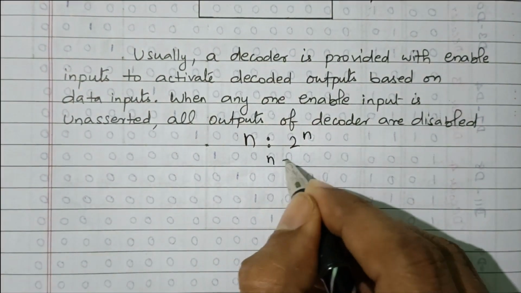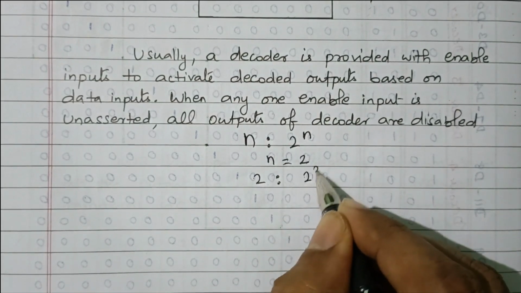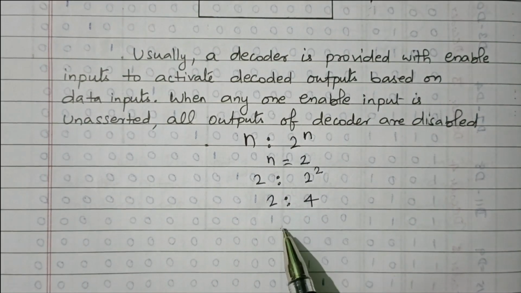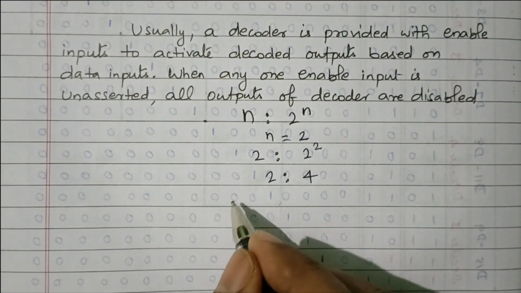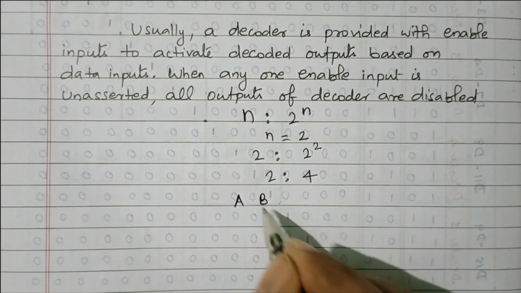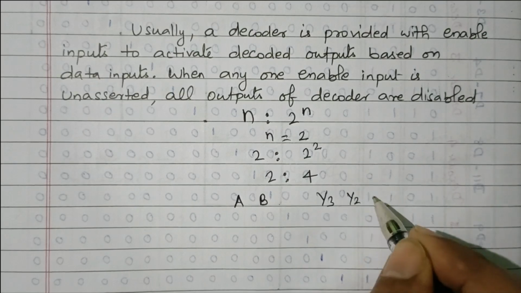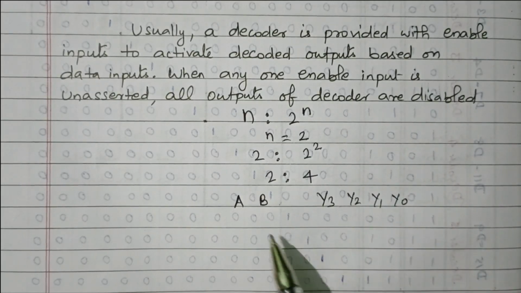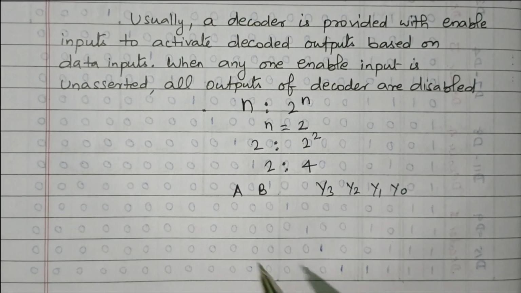Let us consider n equal to 2. So 2 to 2 to the power 2, that is 2 to 4. So 2 inputs and 4 outputs. There are 2 inputs, meaning 2 digits, A, B. 4 outputs mean 4 digits, Y3, Y2, Y1, Y0. 4 possible outputs. 2 digits mean there are 4 possibilities available.